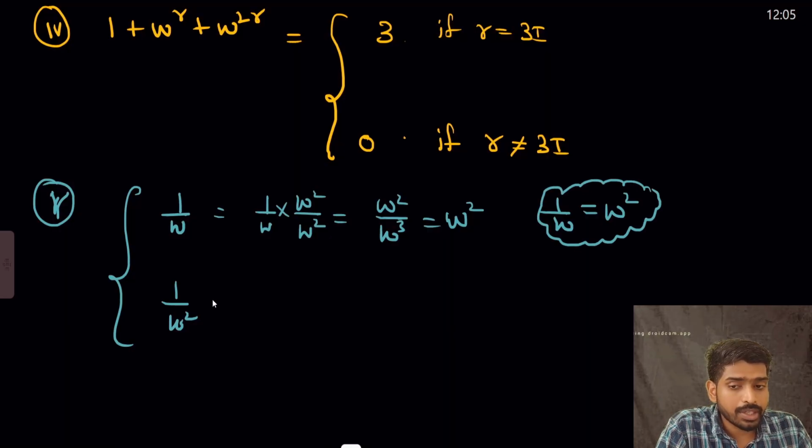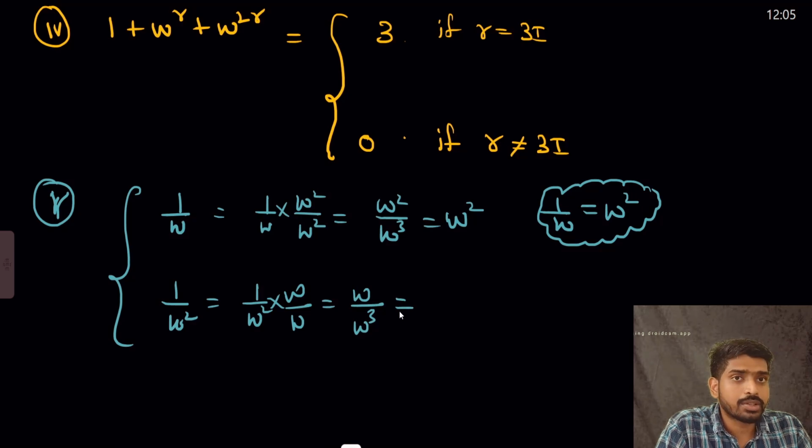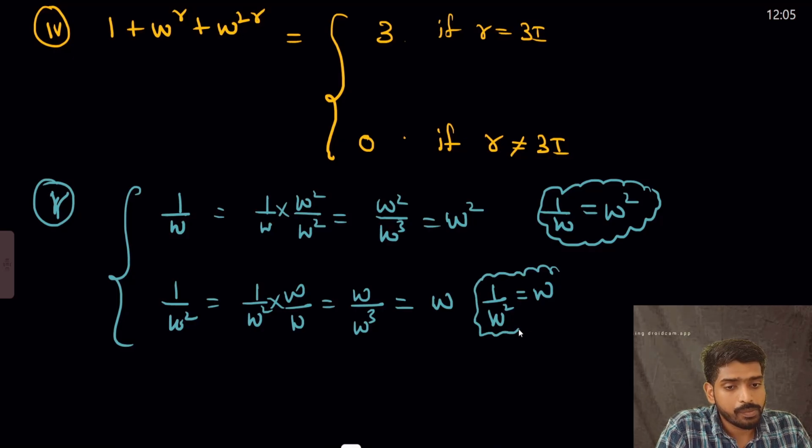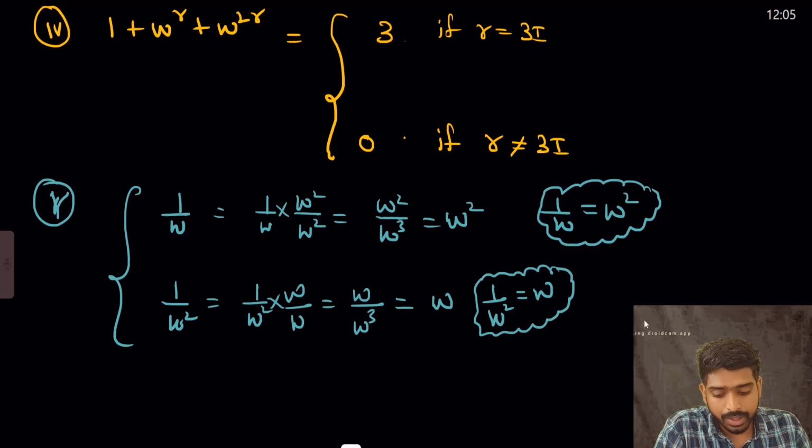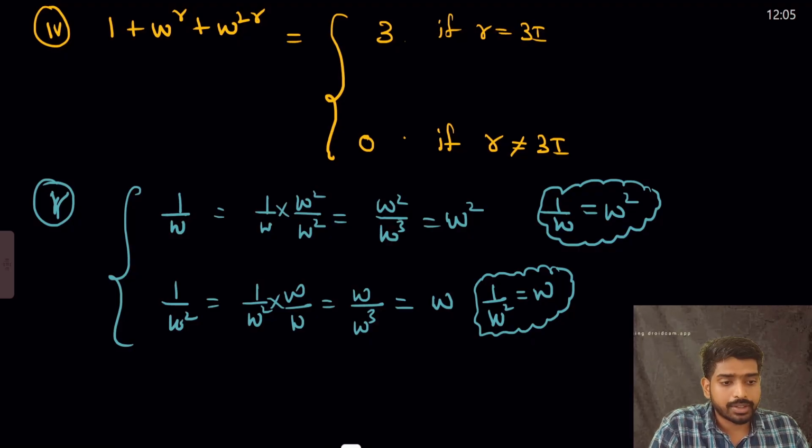Next, what is 1 by omega square? Same, we can multiply omega in numerator and denominator. Here we'll get omega cube in the denominator. What is omega cube? Omega cube is 1, so this will be omega. Got that: 1 by omega square is omega. Got it. A sixth point.